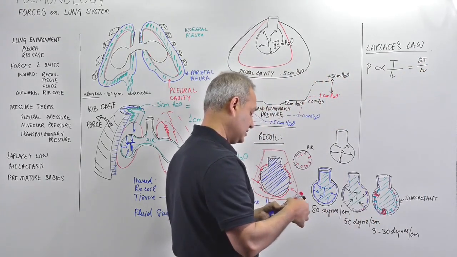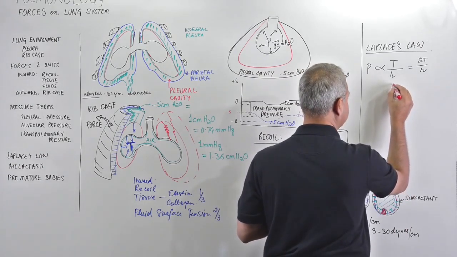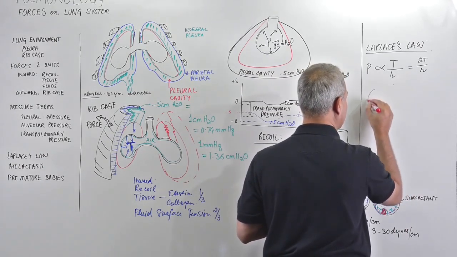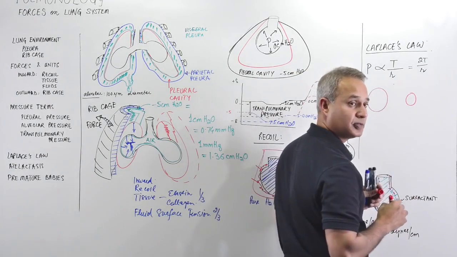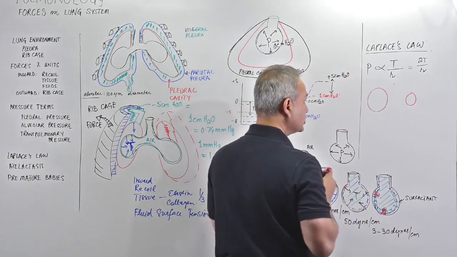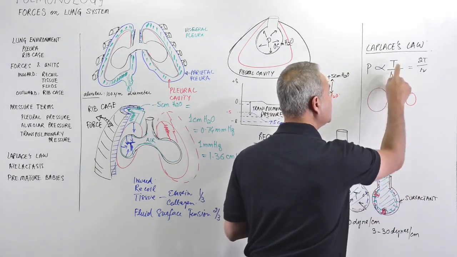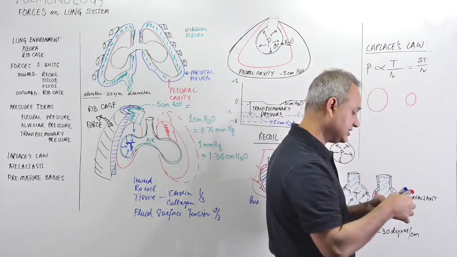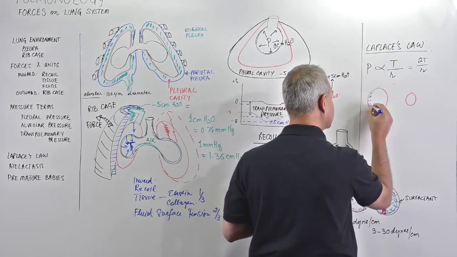Now please look at this. Let's say you've got a larger alveolus and a smaller alveolus. In this large alveolus and small alveolus, what is given is that the tension is the same, and the fluid present in them is the same. It doesn't have surfactant, it is just fluid.